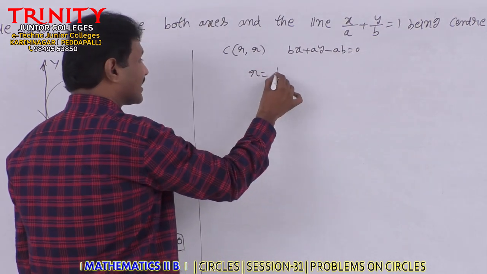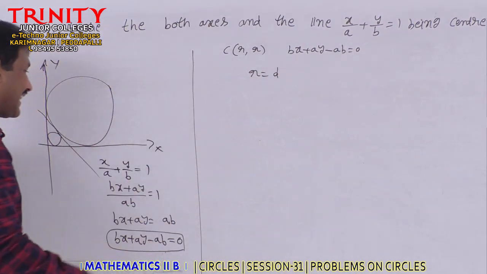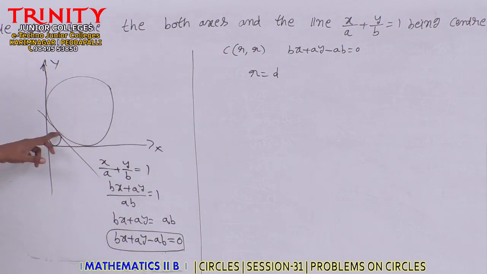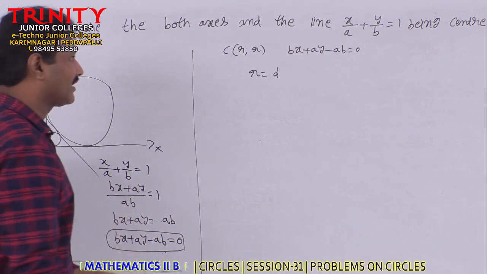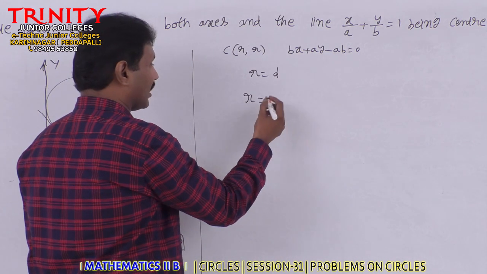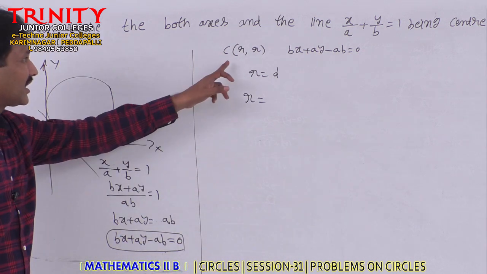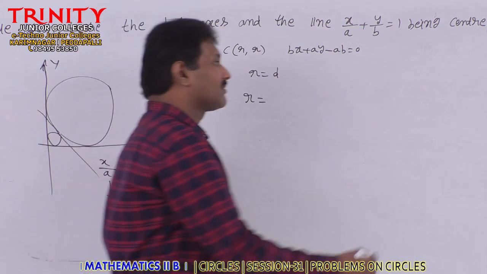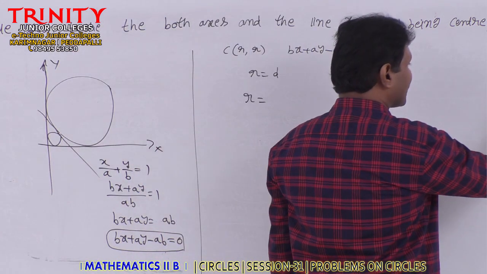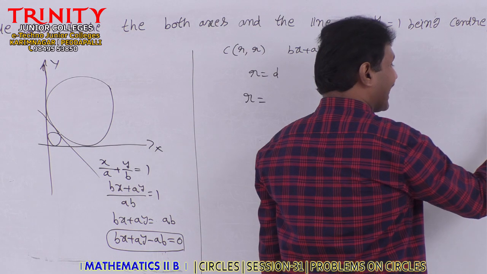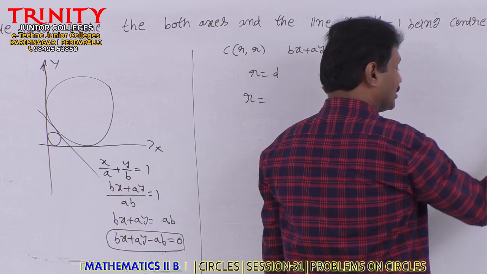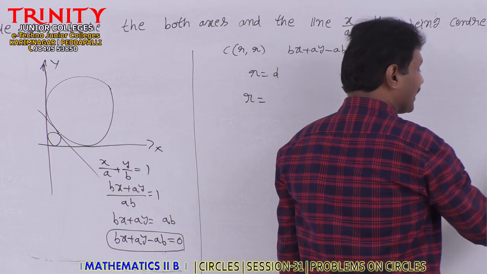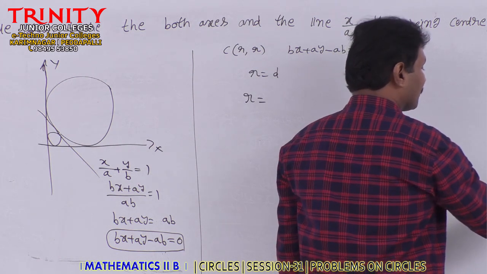Applying the condition of tangency, r = d, where r is the radius of the circle and d is the perpendicular distance from the center to the tangent. Here the radius is always r, and d is the distance from the center to the tangent. We know that the perpendicular distance from (x1, y1) to the line ax + by + c = 0 is |ax1 + by1 + c| / √(a² + b²).